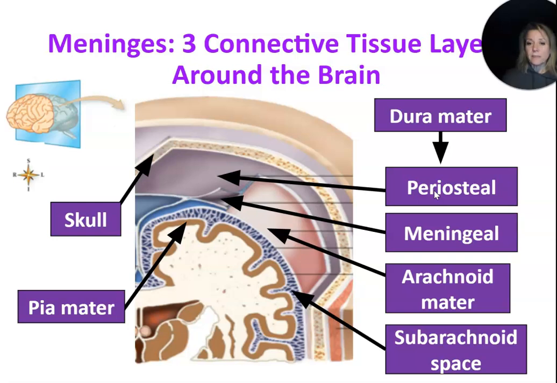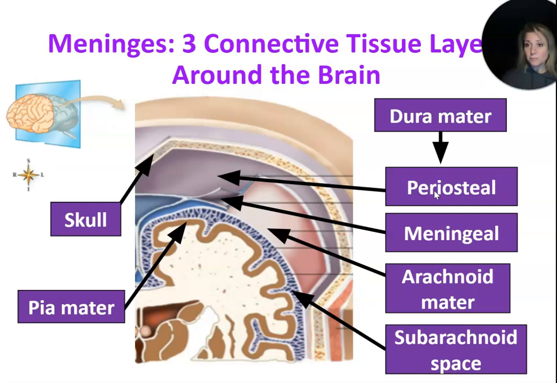Now, the arachnoid mater means spider mother, and it's named that because the subarachnoid space has fibers that are attaching the arachnoid mater to the next layer that actually touches the brain tissue itself.